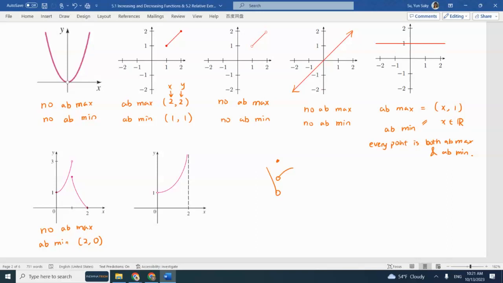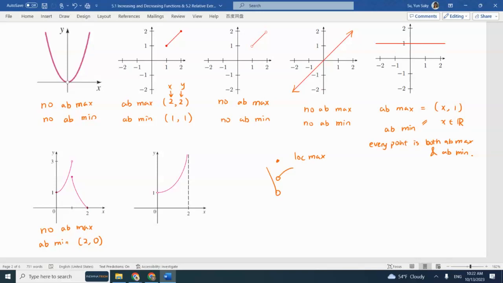Don't say an absolute max because we don't know the behavior. But do we have a local max here? Yeah, because you can look at the small interval, and this point is the highest point within this interval. So this is a local max.